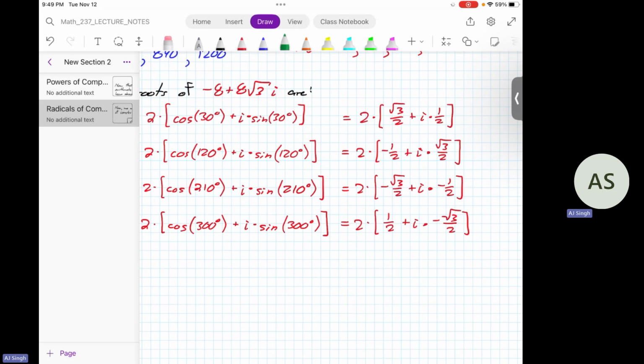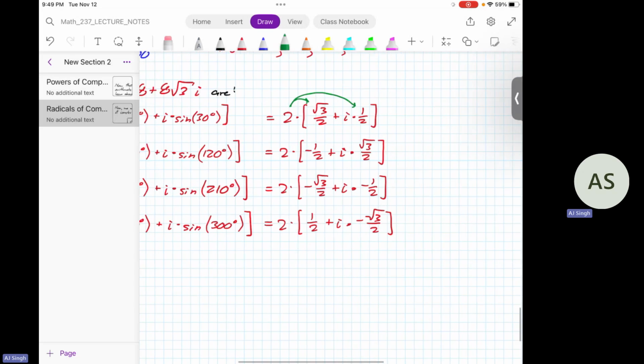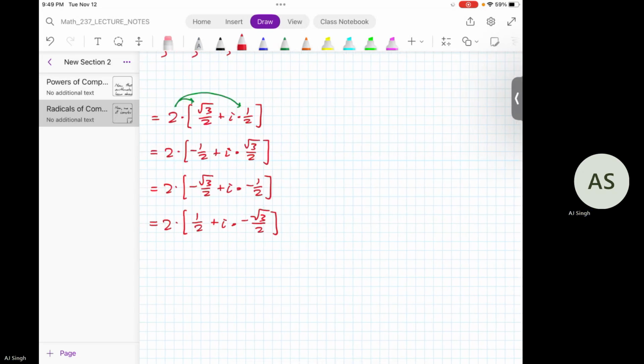And then how nice, we can multiply the 2 inside for everything, and all of the fractions cancel out. So root 3 plus i, negative 1 plus root 3i, negative root 3 minus i, and 1 minus root 3i.